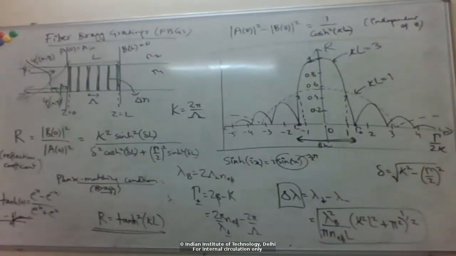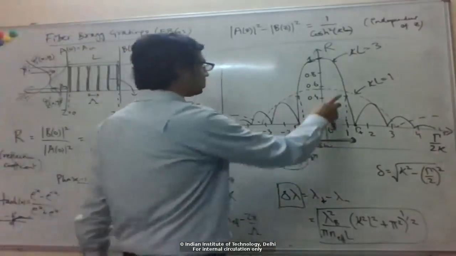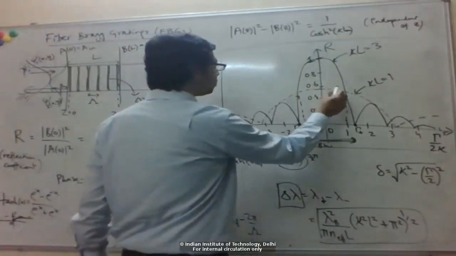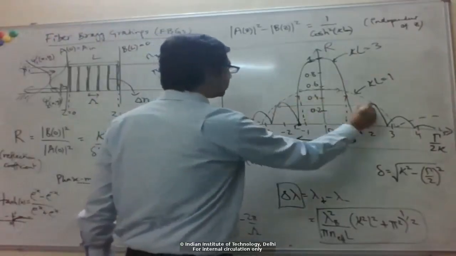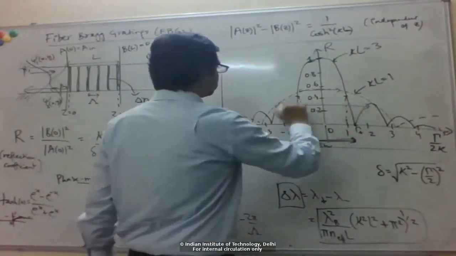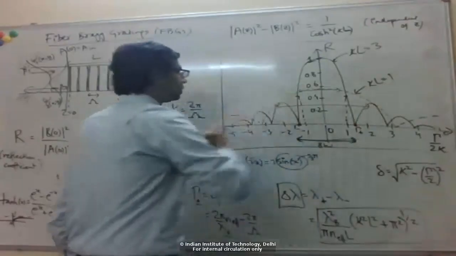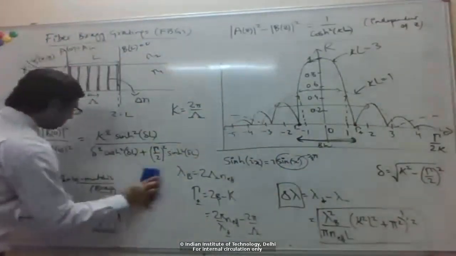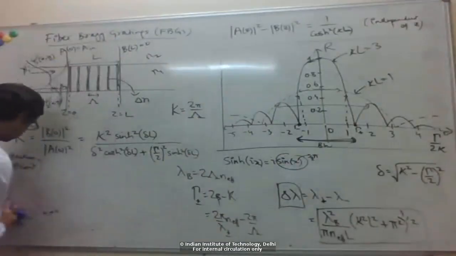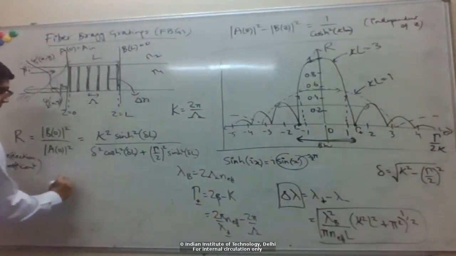There is a simpler approximate expression for the bandwidth which is used often. Okay, that gives you more like a full width half max bandwidth. So basically, the range where the reflection coefficient drops to half the maximum value.